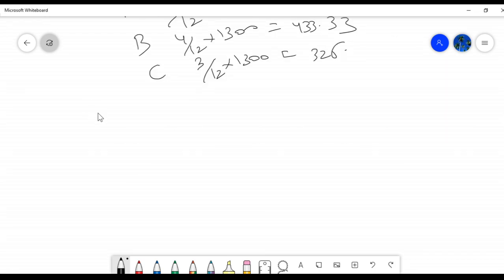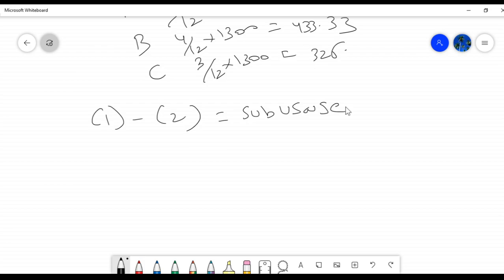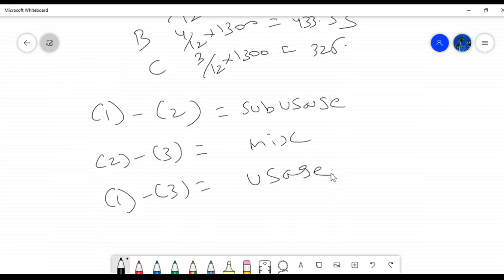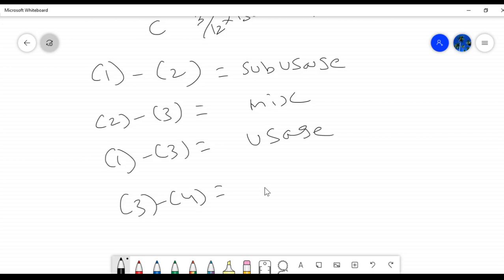1 minus 2, what variance? Sub usage. Then 2 minus 3, mix variance. Then 1 minus 3, usage variance. Then 3 minus 4, price variance.